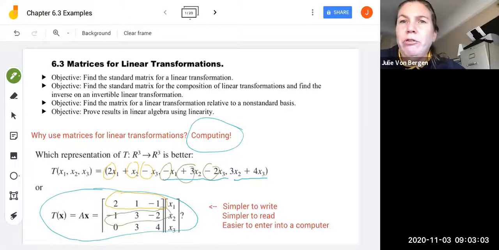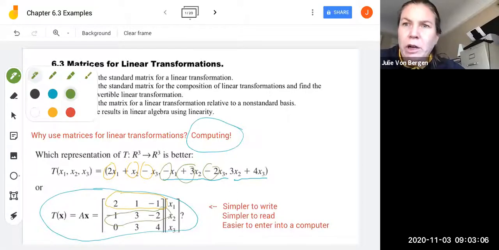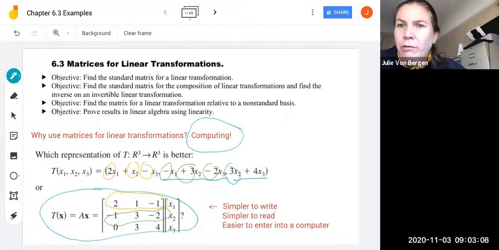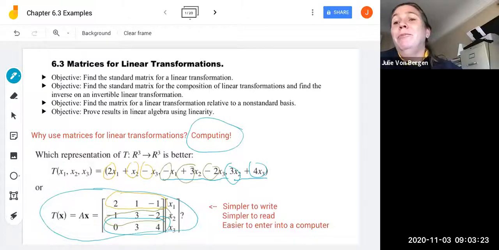The coefficients from the third part of the function, the 3 and the 4 with the 0 for x1, show up in the third row of the matrix. So if I do my matrix multiplication, I'm going to end up with exactly the same function. The matrix representation, matrix A times vector X, is simpler to write, simpler to read, and easier to enter into a computer.